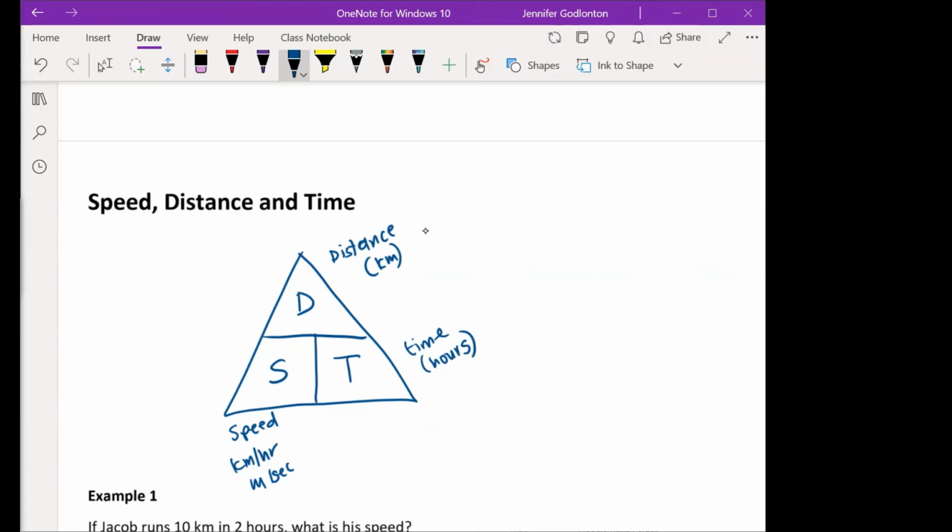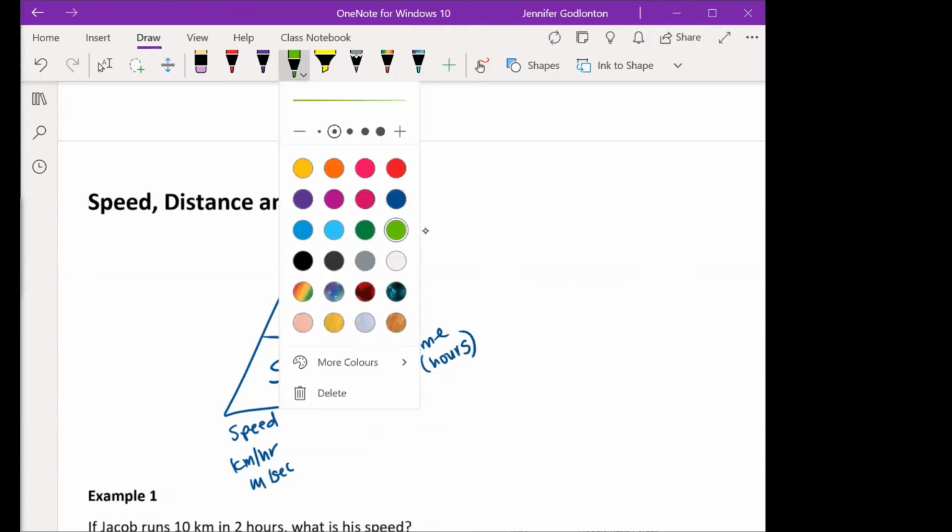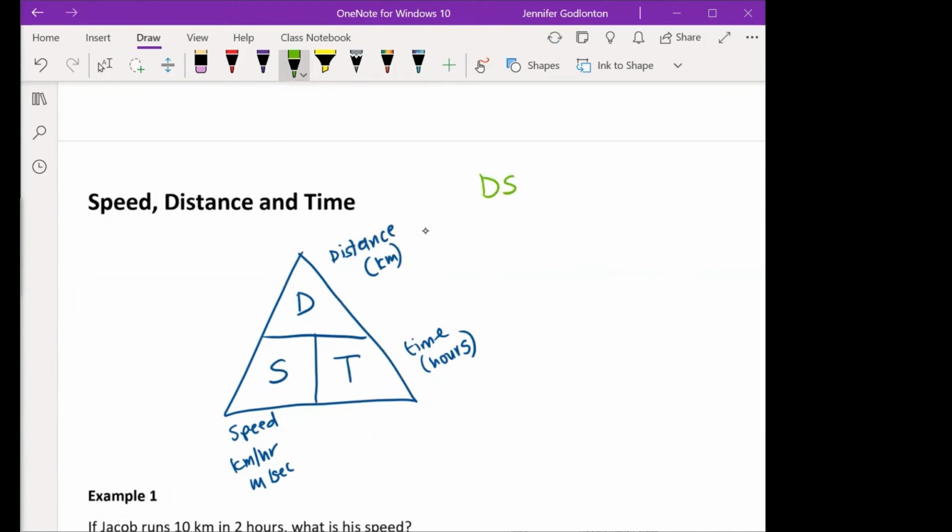An easy way to remember this triangle is to think about DSTV. We write it in that order, DSTV, and the V just gets ignored. Just remember that the D is always at the top, and it doesn't matter where the S and the T are as long as they're at the bottom.